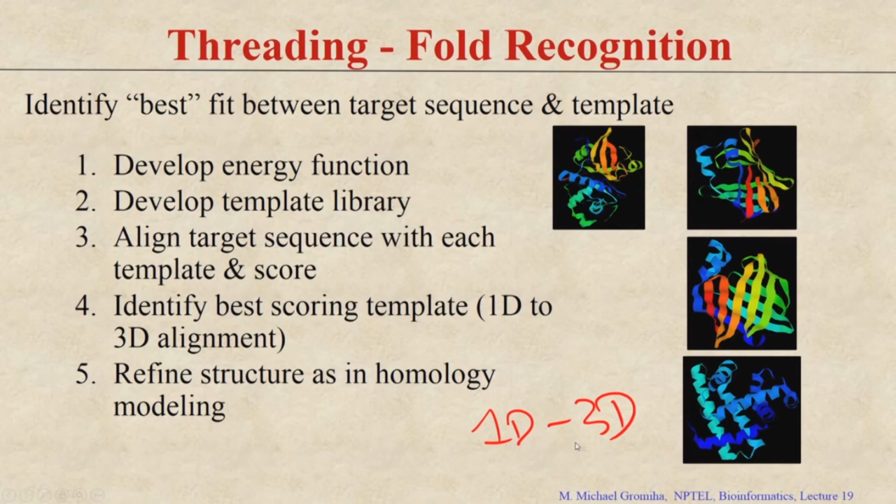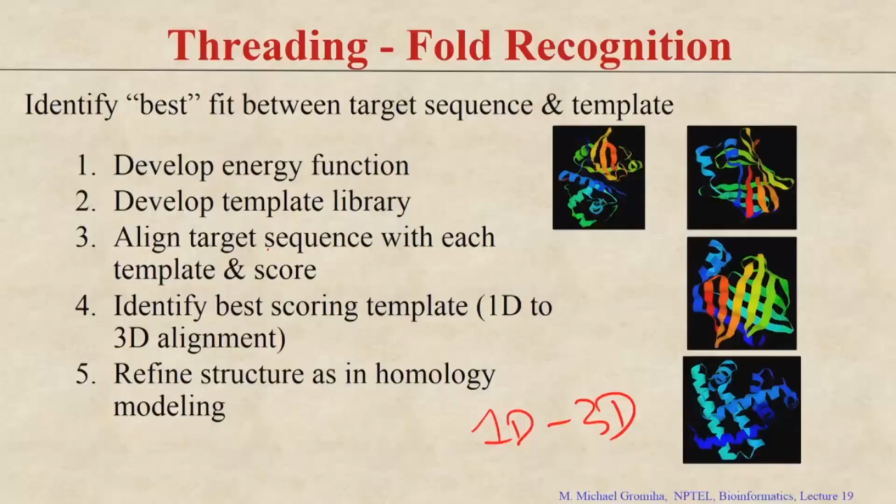So, what to do? We first get the energy function, that is very important, that is a difficult step, and template libraries. You can see the different structures available in the Protein Data Bank. You make libraries and see which energy function fits with which type of proteins, right, and then align the sequence with the template using a score.